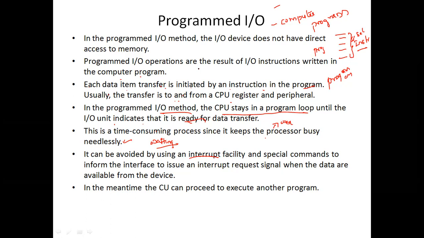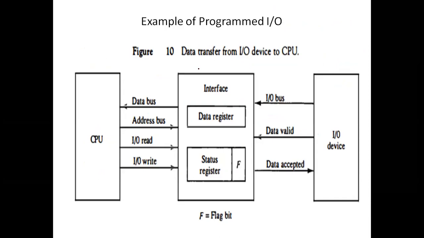Here I am going to show an example of programmed IO. We want to transfer the data between this IO device and the CPU. Can we transfer the data directly between the CPU and the IO devices? No. Why? Because the CPU is an electronic device, as I said when we talk about this interface.